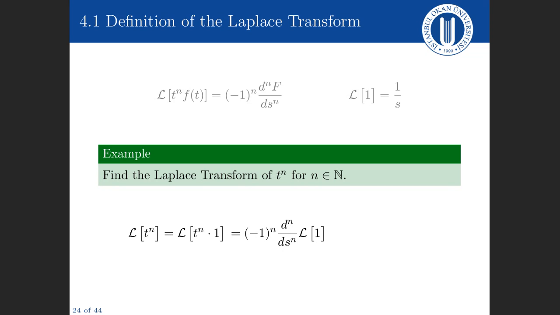That's minus 1 to the power n, n derivatives of the Laplace transform of 1. The Laplace transform of 1 is equal to 1 over s. So we have minus 1 to the power n, and then n derivatives of 1 over s. And we obtain the formula n factorial divided by s to the power n plus 1.